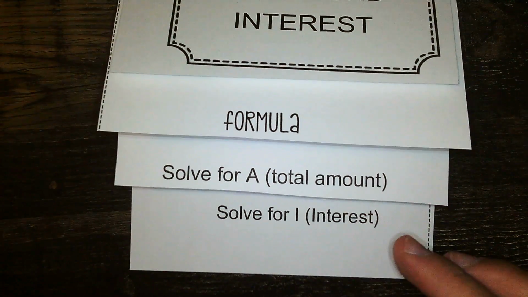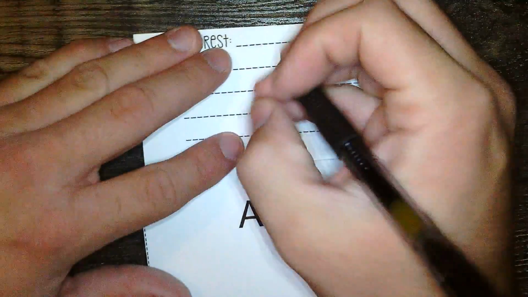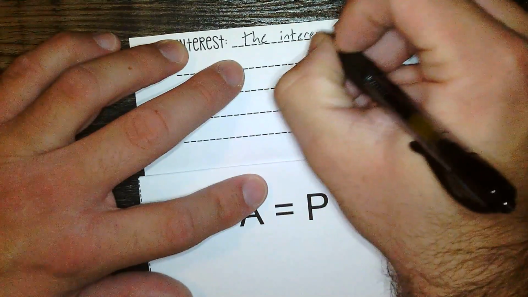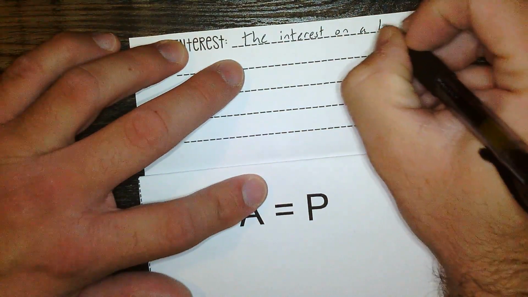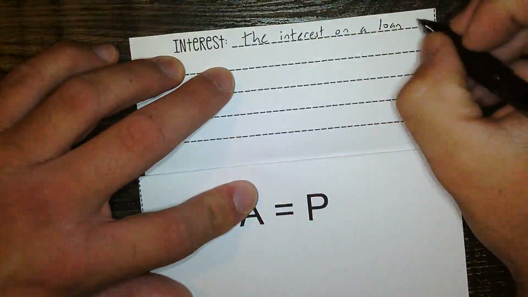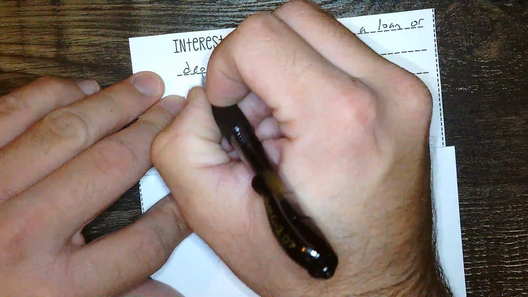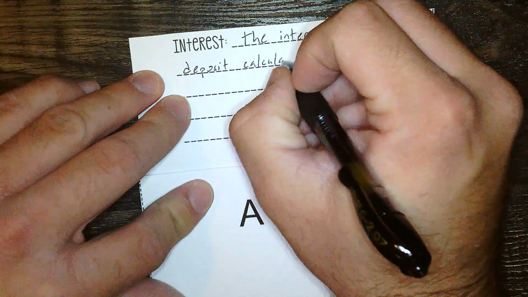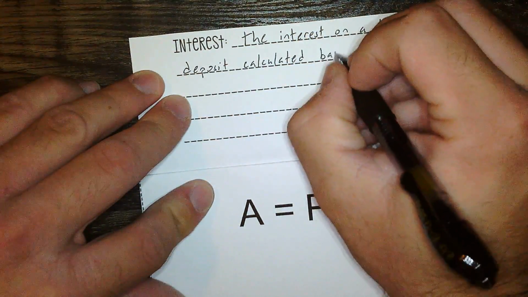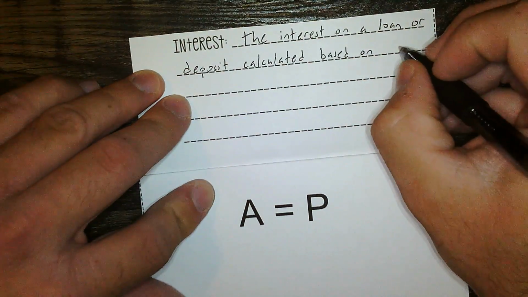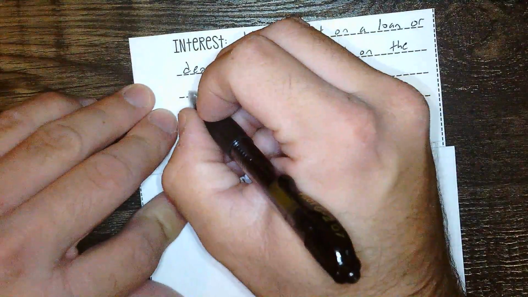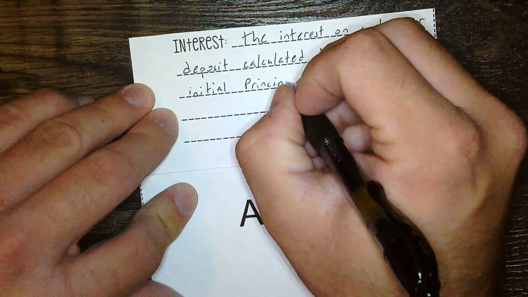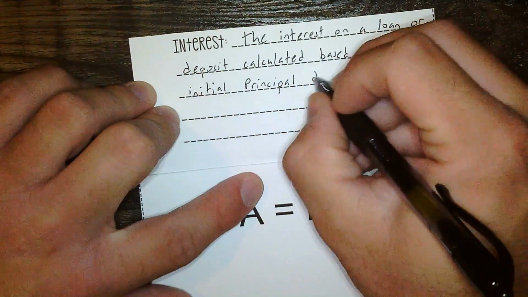So compound interest is the interest on a loan or deposit calculated based on the initial principal and the accumulated interest.